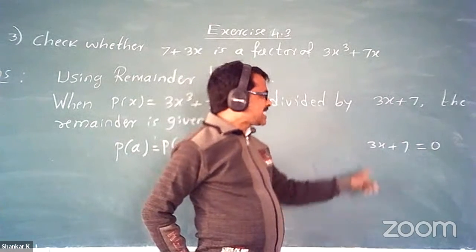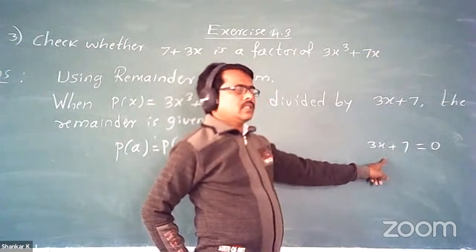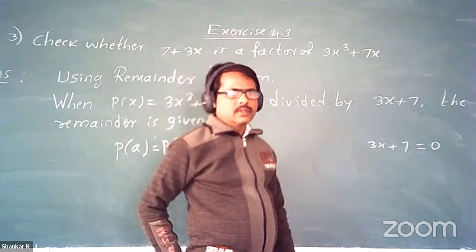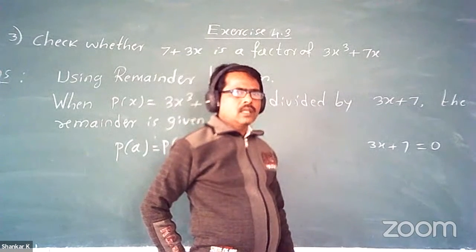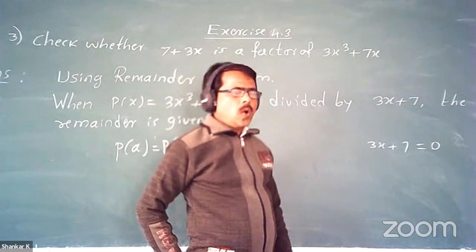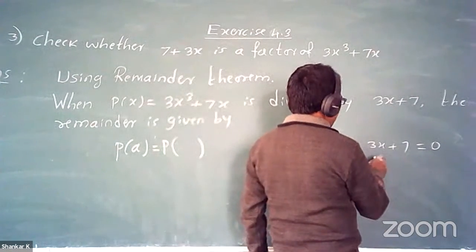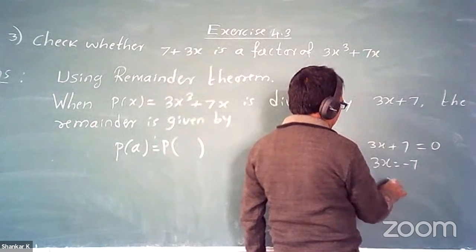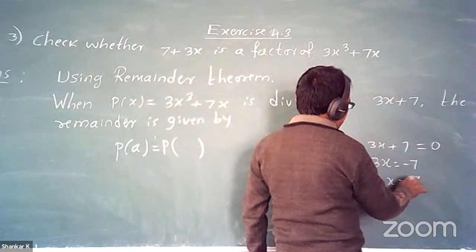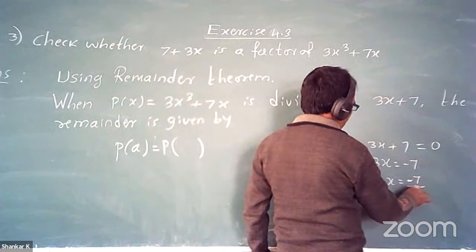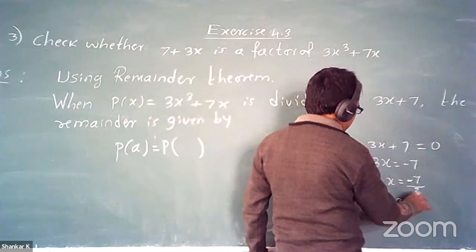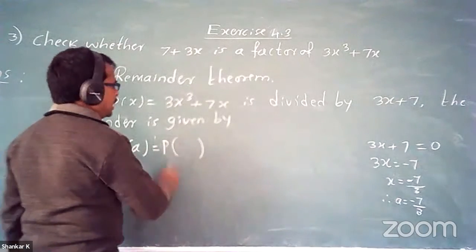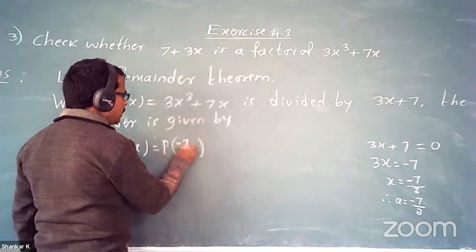You can guess: 3 should cancel, so 3 should be in the denominator, and 7 should cancel in the numerator. Otherwise, solve it. Plus 7 becomes minus 7, x equals minus 7 by 3. Therefore, A is minus 7 by 3, and that you should put here.